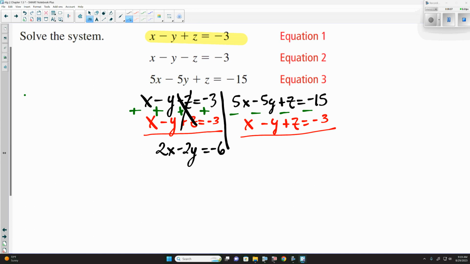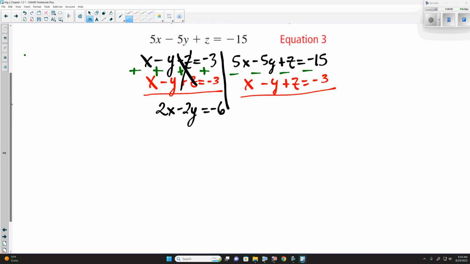5x minus x is? Negative 5y minus negative y? Well, the minus and the second negative make a plus. So negative 5y plus y is negative 4y. Z minus z is 0, just like we wanted.